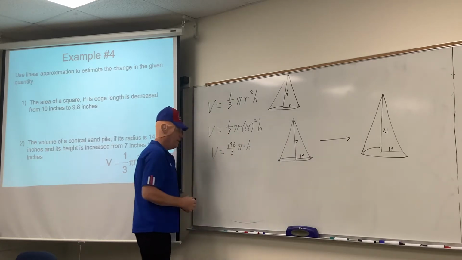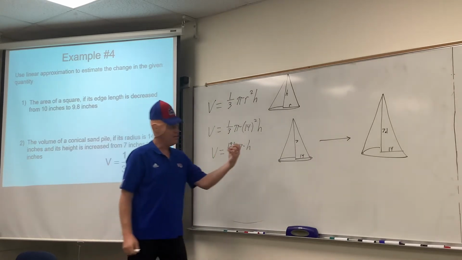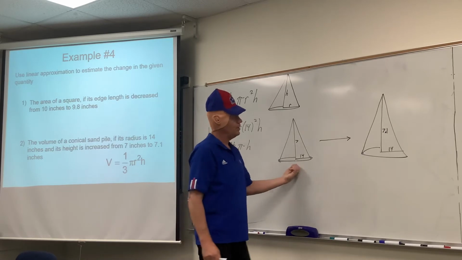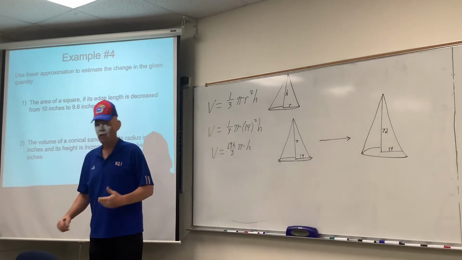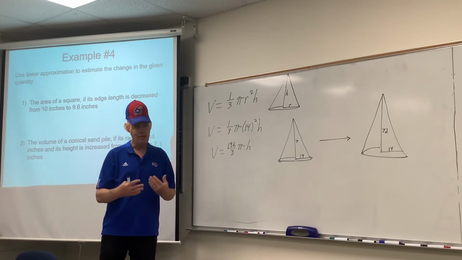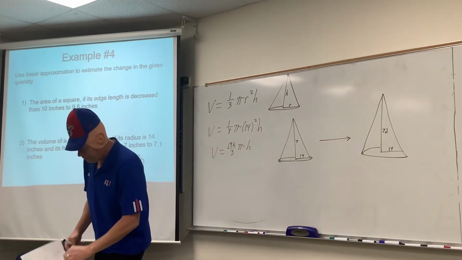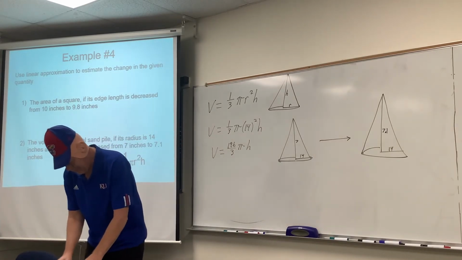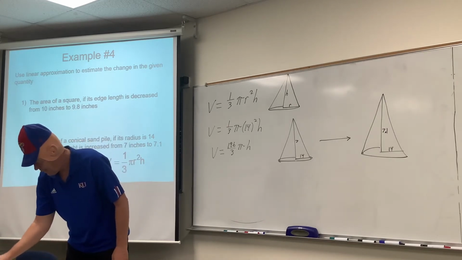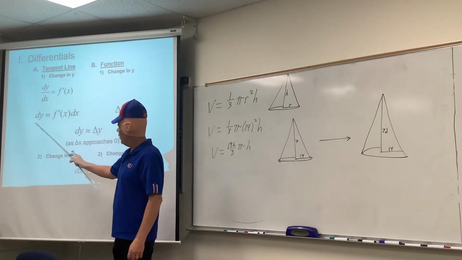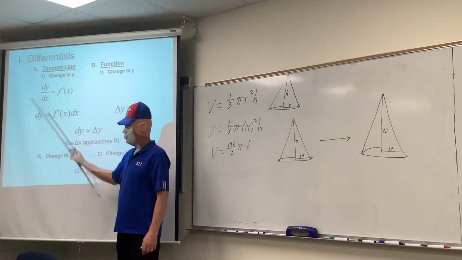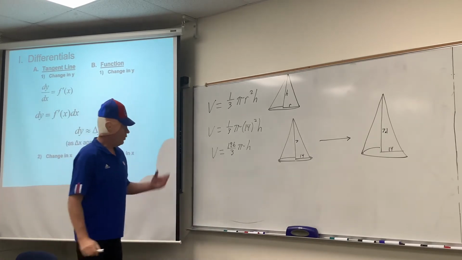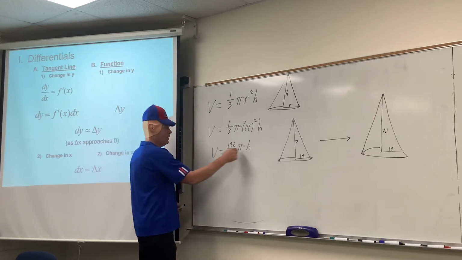So now we want to know what's the change in volume between this cone and this one. And the change in volume would be called dV, change in volume. So again, if we want a differential, the change in a particular variable, we take the derivative first. So it's just like this is y and this is x.